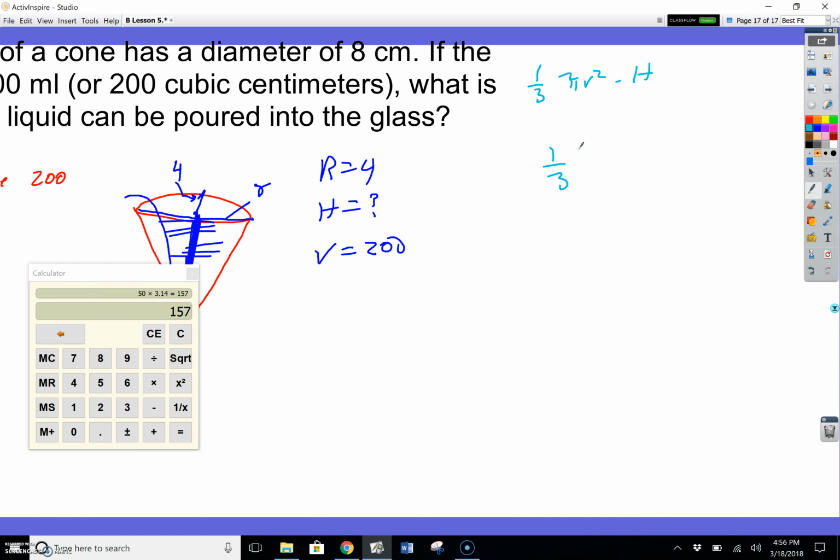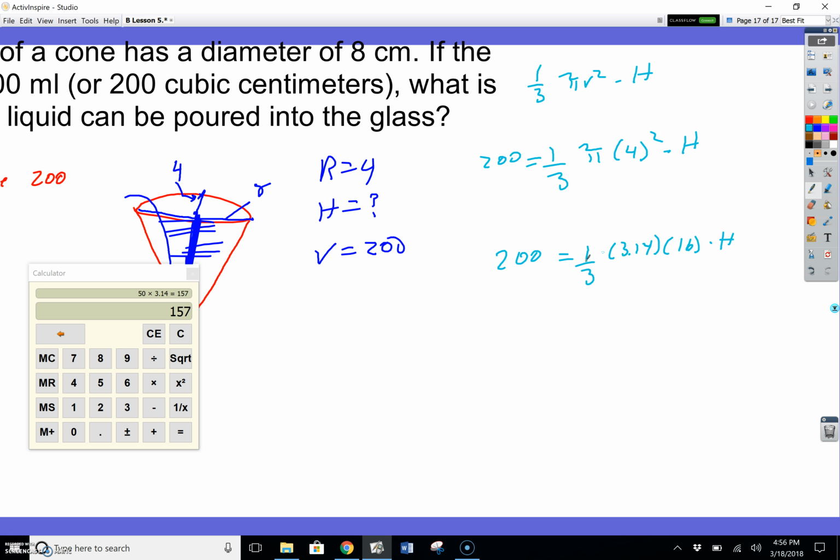So I'm going to have 1/3 pi times my radius, which is 4 to the second power, times the height, which I don't know. And that's going to equal my total volume, which is 200. So 200 is equal to 1/3 times 3.14 times 16 times my height.